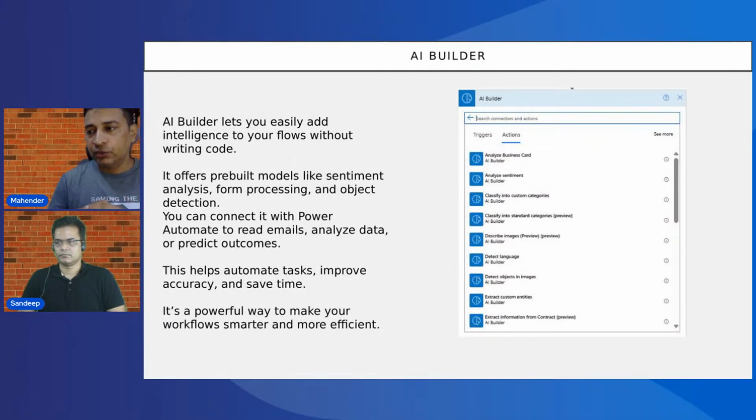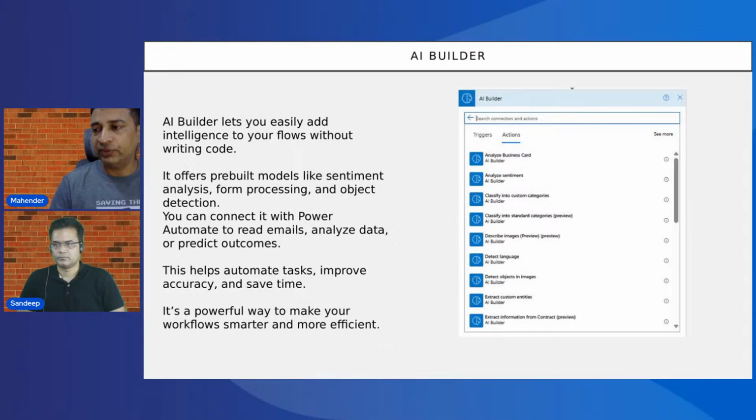Okay, so AI Builder. We are getting different types of emails, right? The customer sends some response, and based on that response data, whether it's the subject information or the email body, we want to extract the sentiment information.